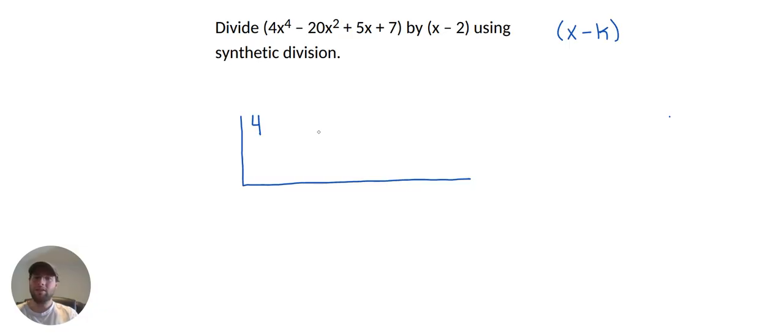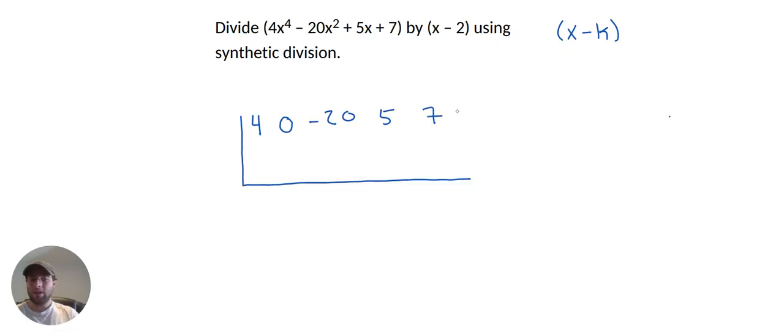So what I'm saying is that because we're missing a term that is degree 3, we want to write a coefficient in here of 0 for that term that is missing. So we'll go ahead and do that, and then we'll continue on. Degree 2, we have the negative 20, and then we have a 5 and a 7.